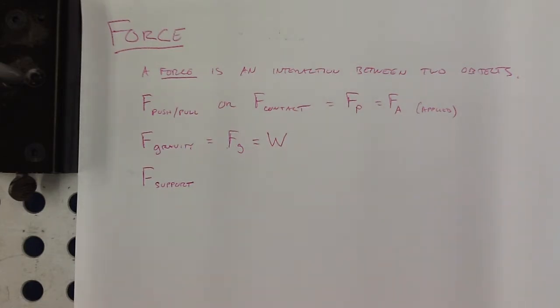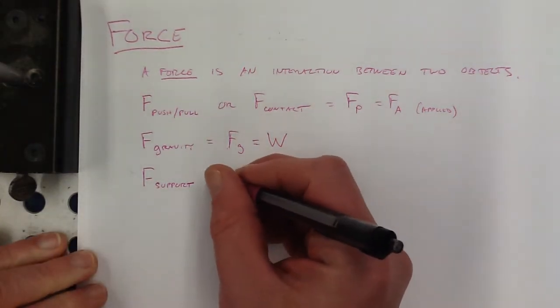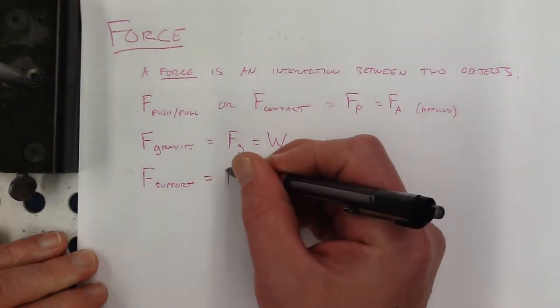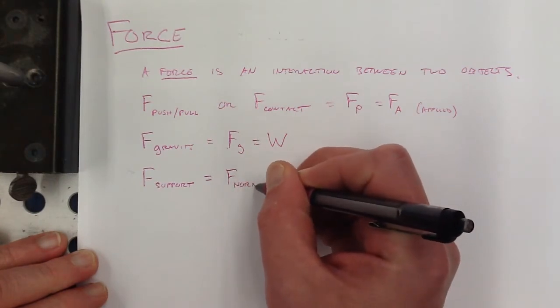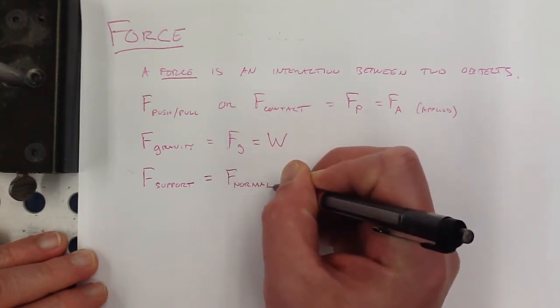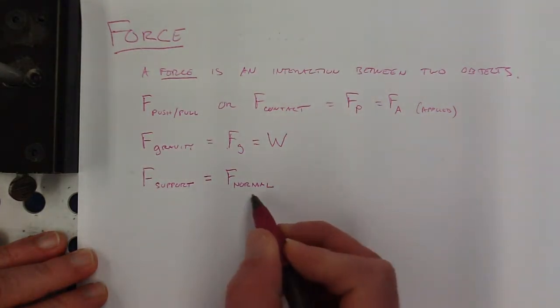It is pulling you down toward the center of the earth, but you're not moving toward the center of the earth because there's a supporting force on you. And we will usually call that the normal force.